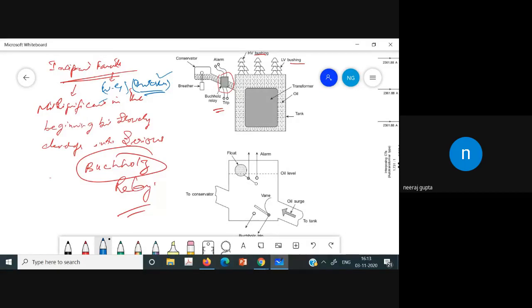Now, when the severe heating is there in the transformer, the gases are liberated from the oil at around 350 degrees Celsius.